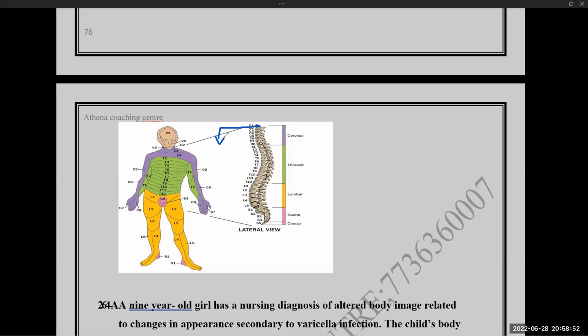Fine. So look at this picture. In case of cervical spinal cord damage, what is happening? Up to a C4 injury, the area shaded in purple gets damaged, or the sensation of this area gets altered.